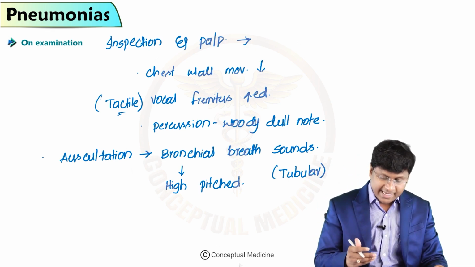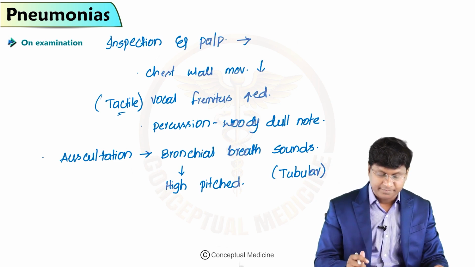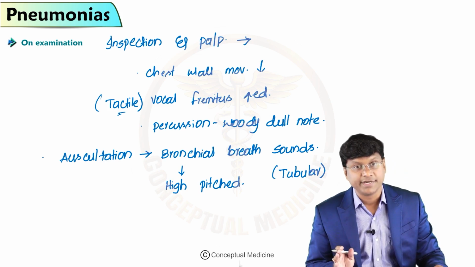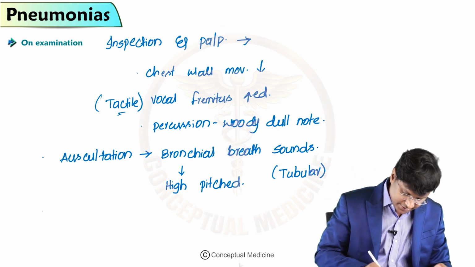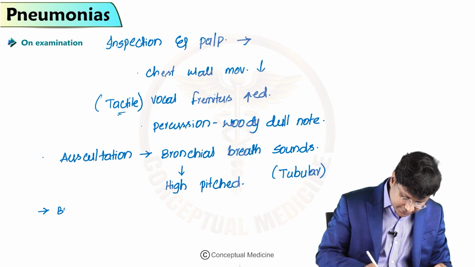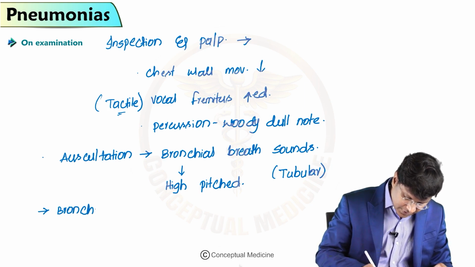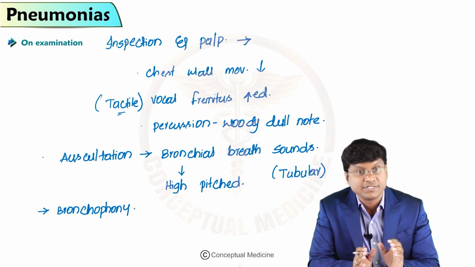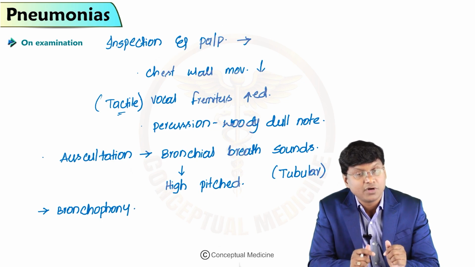Then you also have additional sounds apart from the bronchial breath sounds in patients with consolidation, and that is bronchophony. So bronchophony is heard in patients with consolidation. It is a phenomenon of the patient's voice remaining loud at the periphery of the lung.